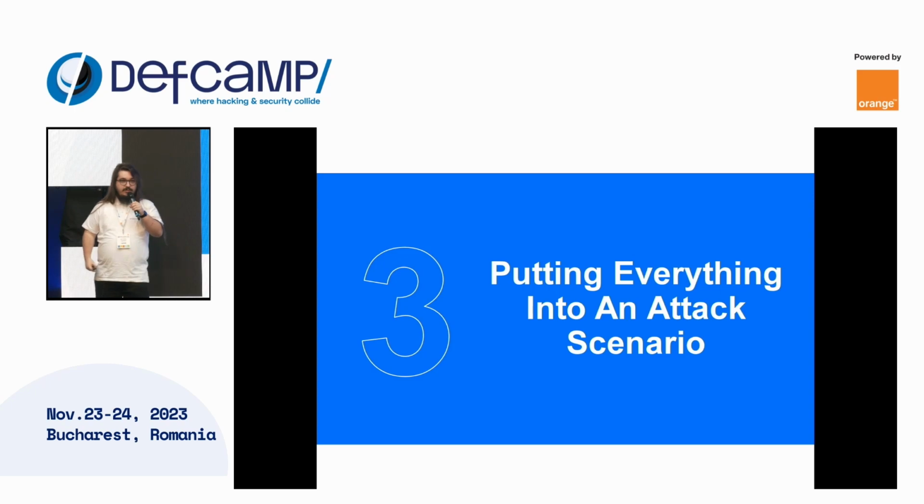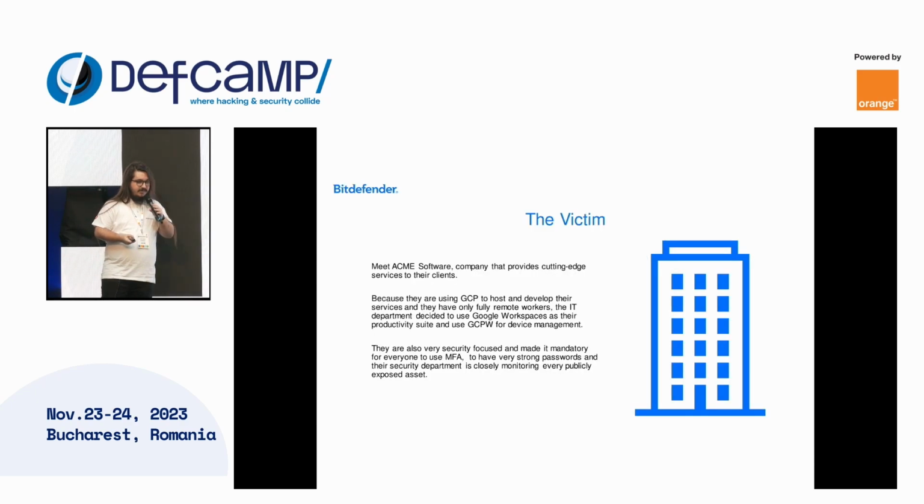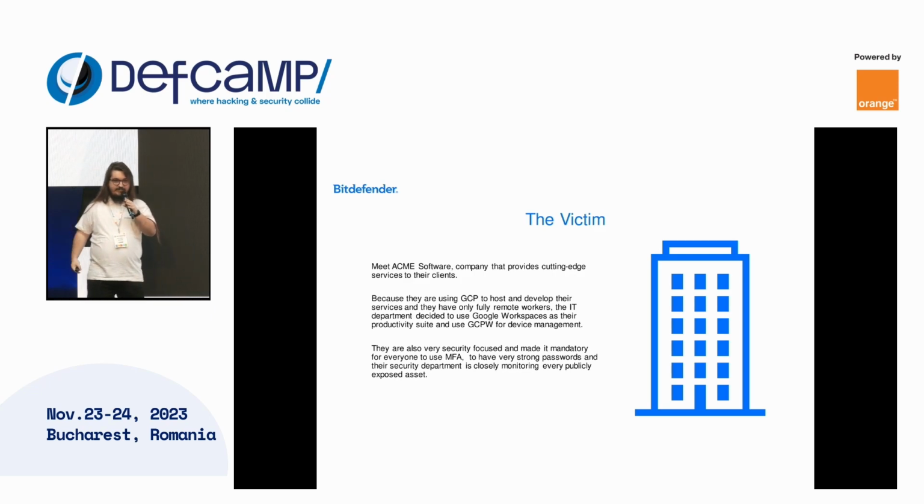All right, so now let's see how an attacker could exploit everything that we talked about. Meet the victim, Acme Software. They are a company that provides software for other clients. They are mainly using GCP. And because all of their employees are remote, they decided to use GCPW to manage all their computers.